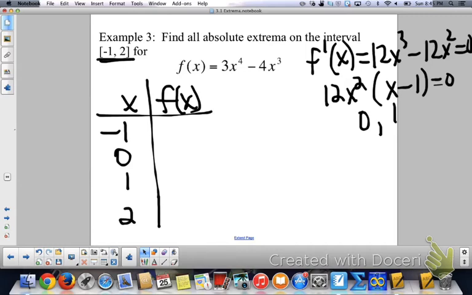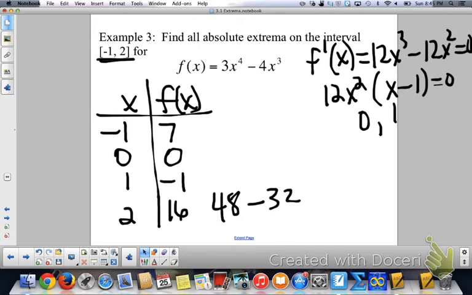F of -1, if we plug in -1, that's 3 plus 4, which is 7. If we plug in 0, 0 minus 0. If we plug in 1, 3 minus 4 is -1. And if we plug in 2, we have, let's see, 2 to the 4th is 16 times 3 is 48 minus 2 to the 3rd is 8 times 4 is 32.